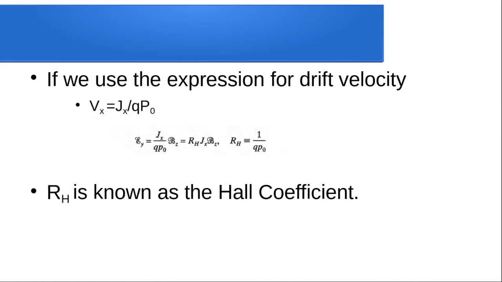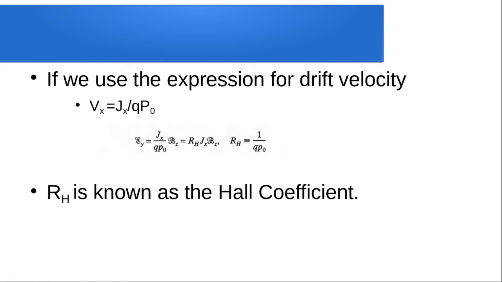Now if we use the expression for drift velocity, vx equals Jx by q p0, because we are considering holes, we could compute Ey, the electric field that is being introduced, which should be equal to Jx by q p0 into Bz, where Bz is the magnetic field.